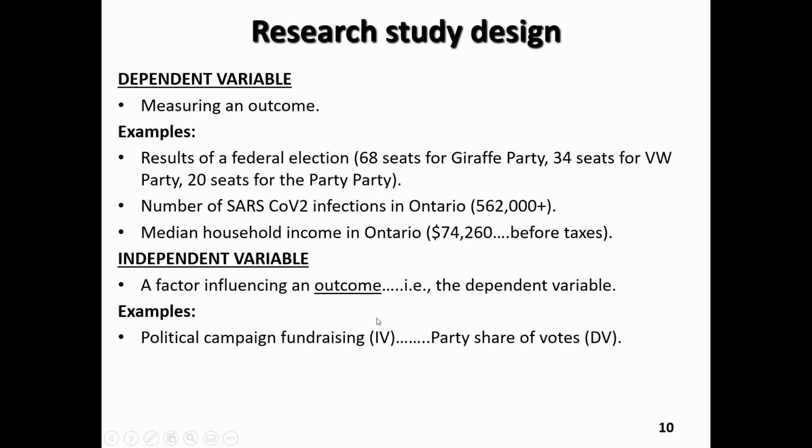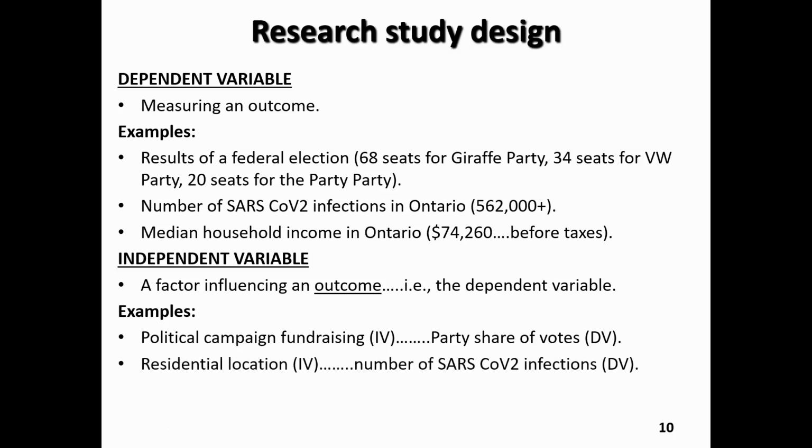So if a cause and effect relationship did in fact exist, the amount of fundraising that a political party is able to engage in will translate into a greater share of the votes cast for that party. Residential location would be an independent variable in predicting the number of SARS-CoV-2 infections in various regions, in various cities.